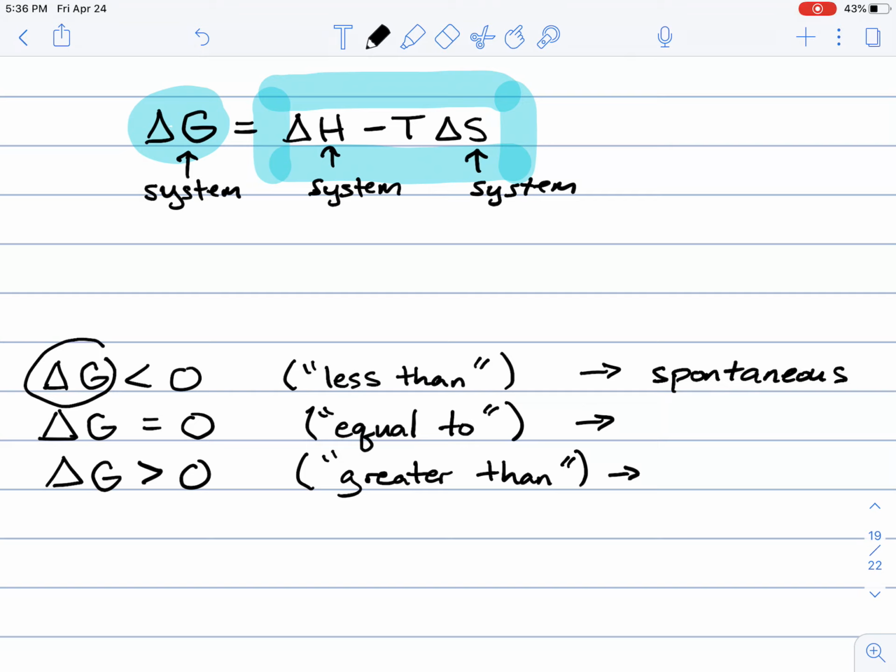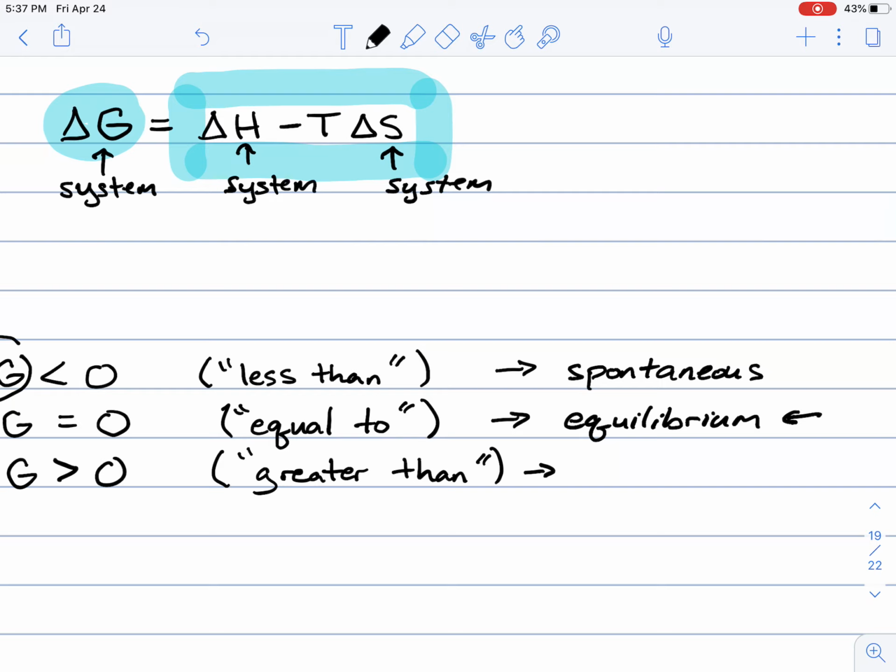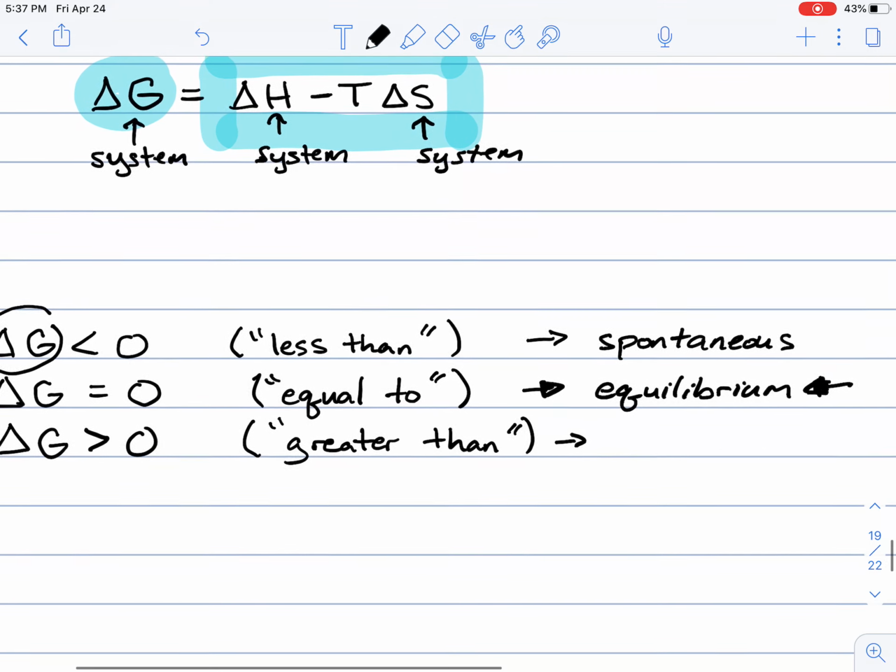All right, so when delta G is equal to 0, that's when our system is going to be at equilibrium. And we'll talk about this idea of being at equilibrium a lot more in a future lecture video.